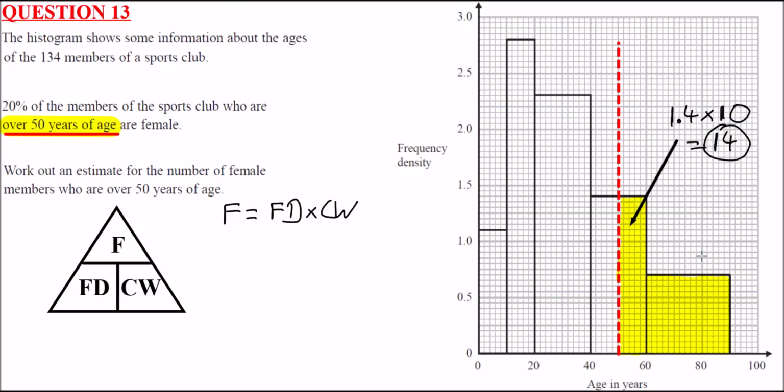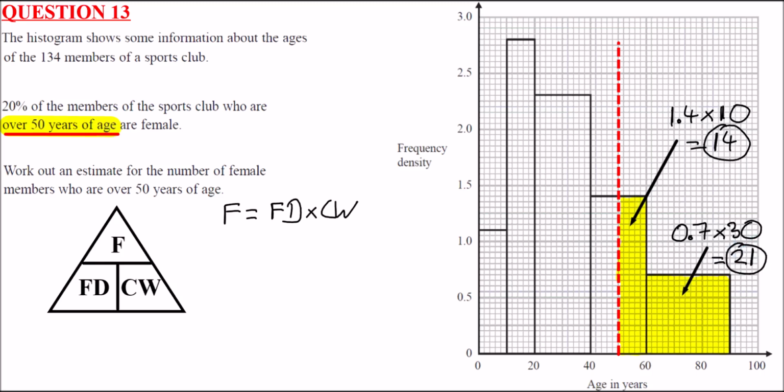And then for this one, same idea, frequency density multiplied by class width. This one's got a height of 0.5, 0.6, 0.7, so frequency density here is 0.7, and the class width goes from 60 all the way up to 90. From 60 to 90, that's a width of 30. So 0.7 times 30, that's 21.